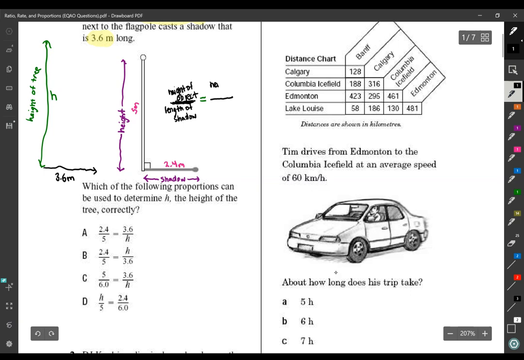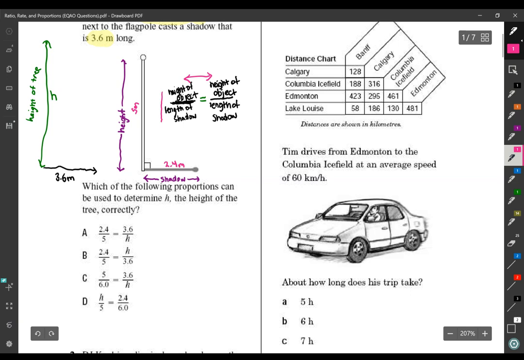So I need to make sure that the height of the other object, which in this case is a tree, is aligned with the height of the other object, which is a flagpole. And then similarly, the length of the shadow would have to be on the bottom. We have to make sure that they align up and down too.